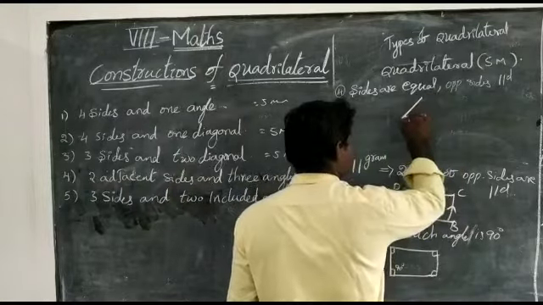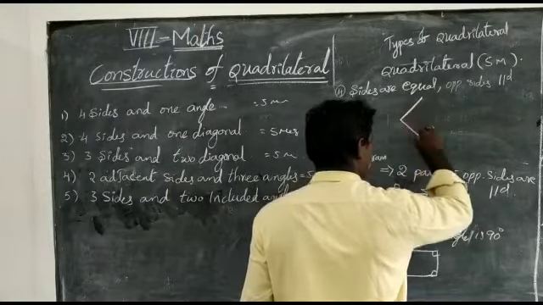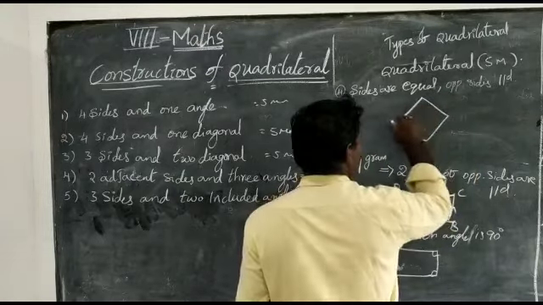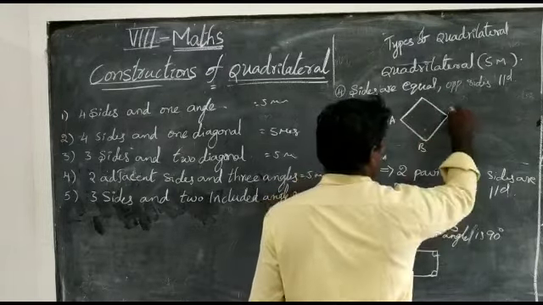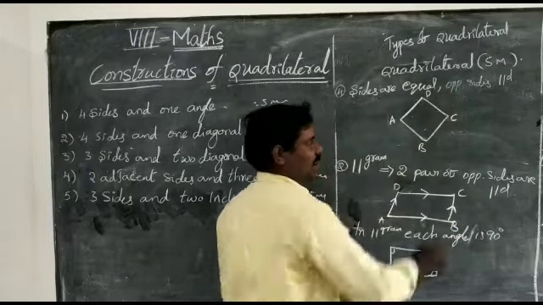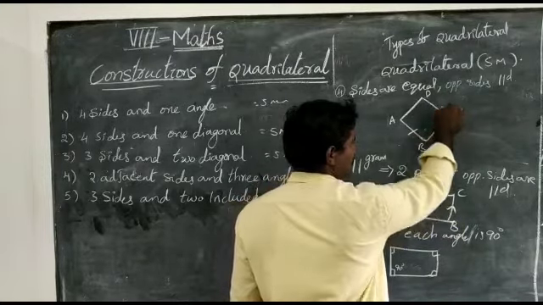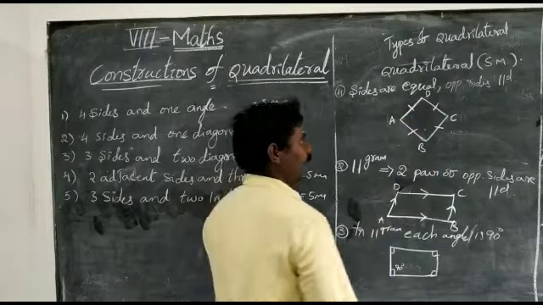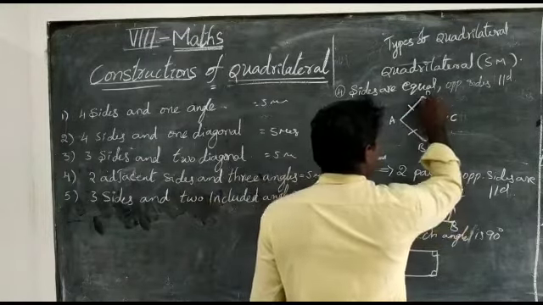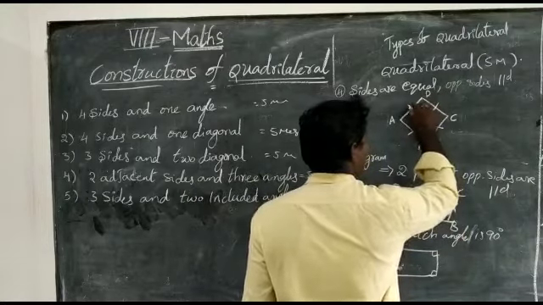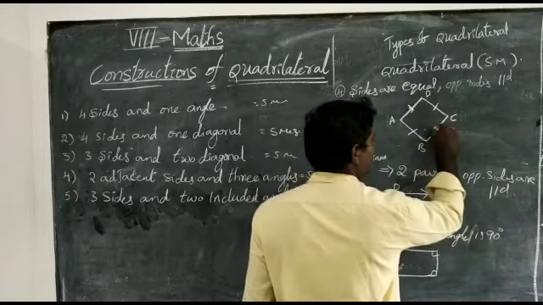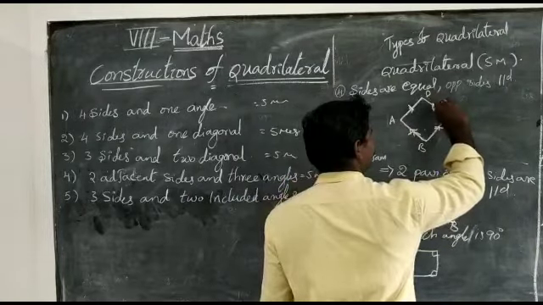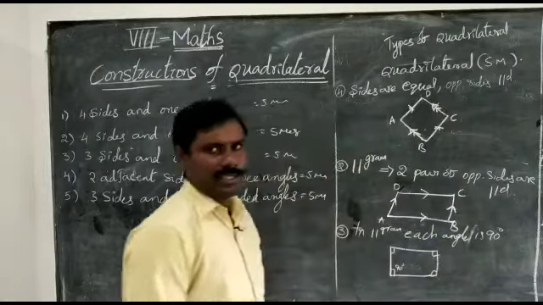Now I am taking a figure. Now see here, I am taking ABCD is a quadrilateral. In this quadrilateral, AB is equal to BC is equal to CD is equal to AD. All the measurements are equal, and also opposite sides AD is parallel to BC and AB is parallel to CD. Then we call it a rhombus.